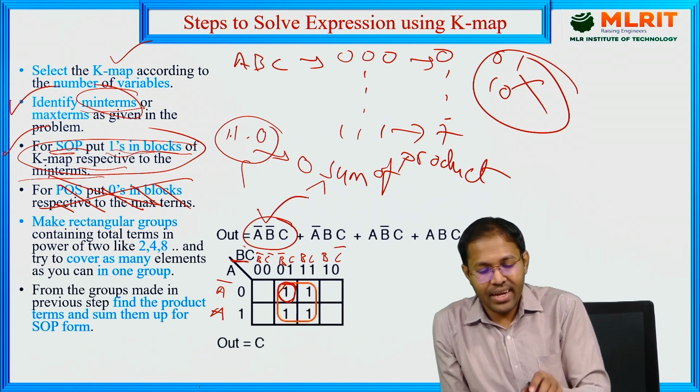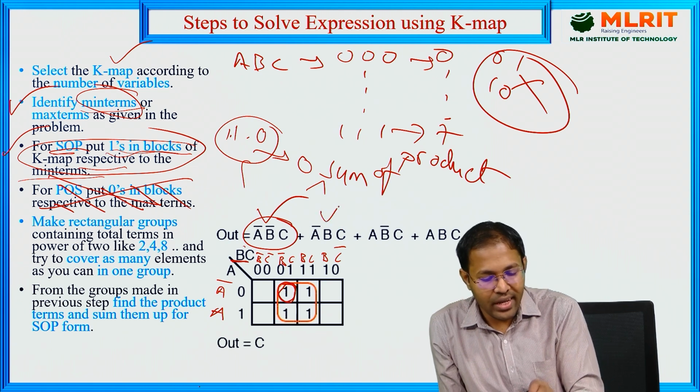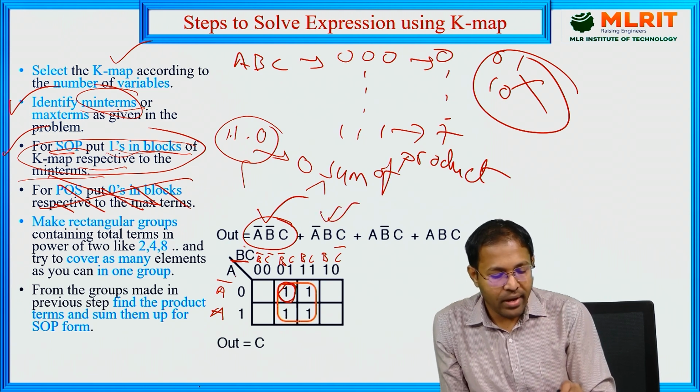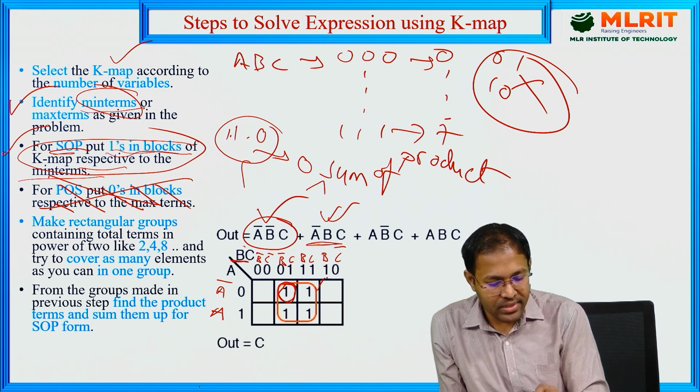Now let us check corresponding to this A bar, B bar, C. Again, here we have A bar, BC. So A bar, BC, this one.